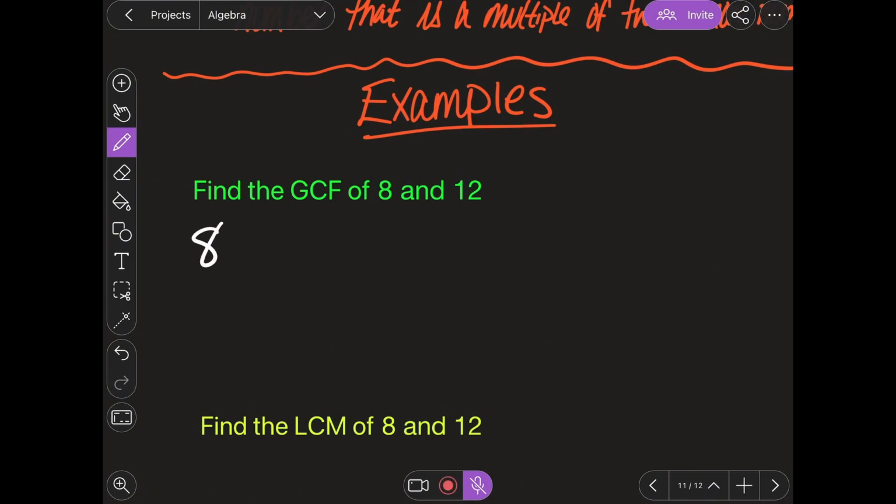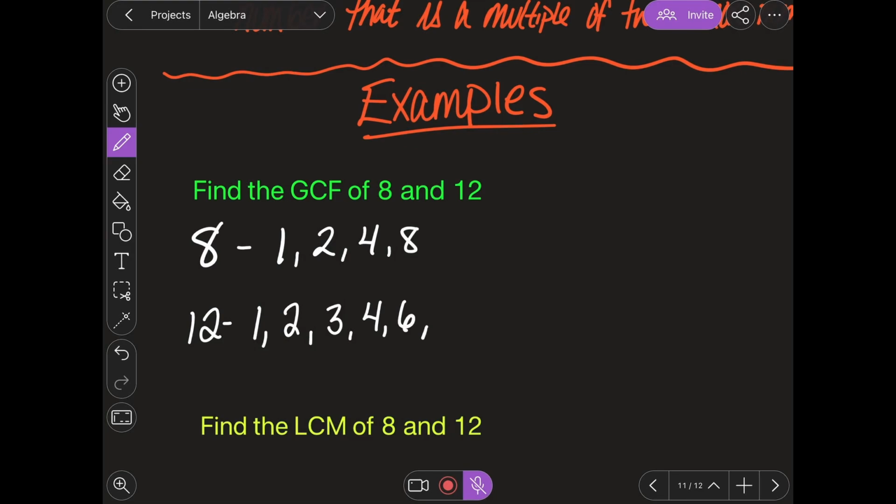Let's start with 8, which is going to be 1, 2, 4, and 8. Let's list out the factors for 12. It's going to be 1, 2, 3, 4, 6, and 12. All right.